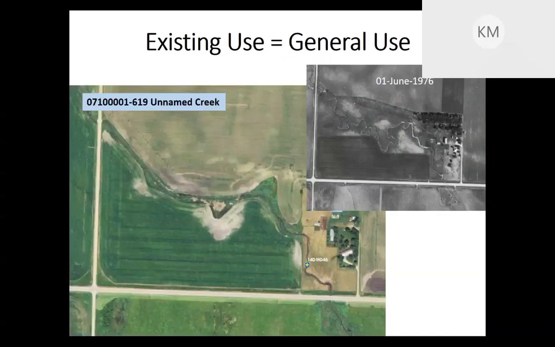Another consideration that we make: we do a lot of remote sensing, a lot of reviewing aerial photography, to make sure that we're being consistent with existing use. We want to make sure something was ditched on or after November 28, 1975, the existing use date. So here's an example of a stream that in 1976 was natural. By the time we got to it to sample it for biology, it had been channelized, but because it was natural after that 75 date, it wouldn't be eligible for a modified use.